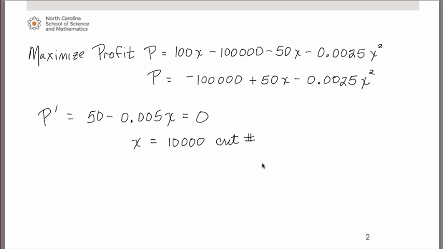If there is going to be a maximum for this profit equation, this is the value at which it's going to occur. We've looked at examples in which we've used the first derivative test with the number line analysis. We've seen a couple in which we've done a second derivative test and substituting the critical numbers into the second derivative to determine if we have a relative maximum or a relative minimum. This one I'm going to use the extreme value theorem.